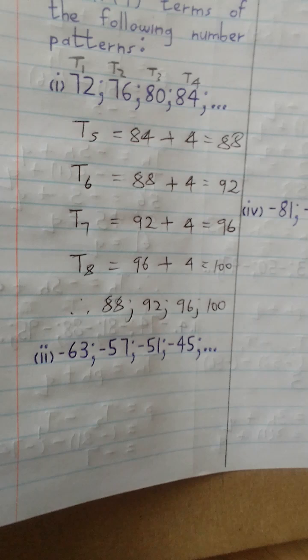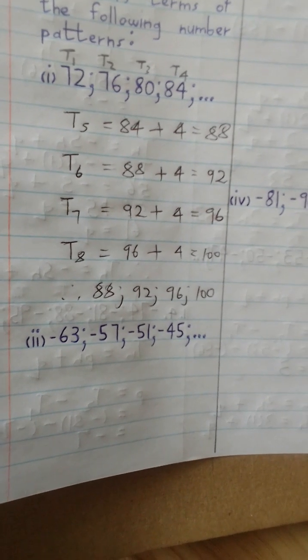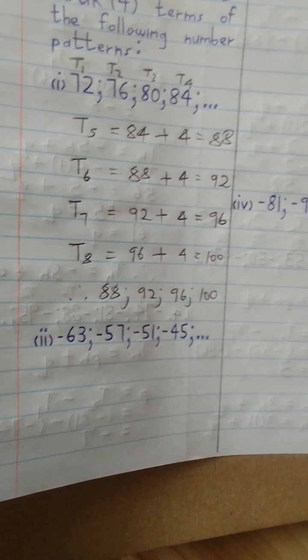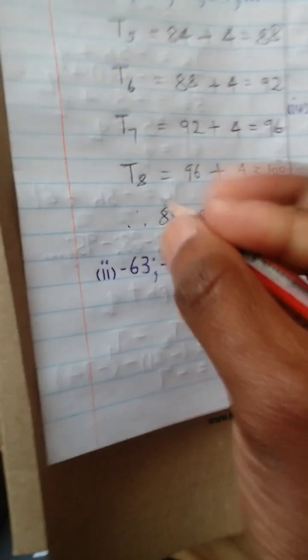Okay, Roman numeral 2: negative 63, negative 57, negative 51, negative 45. T1, T2, T3, T4.